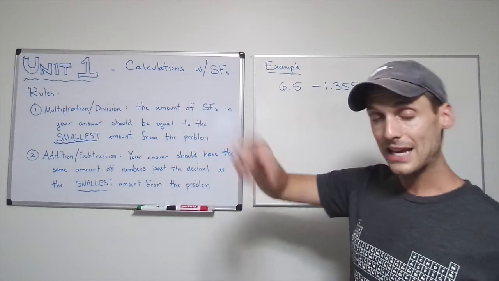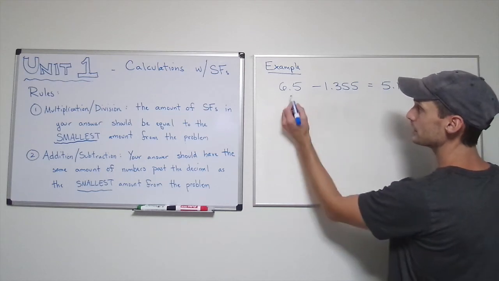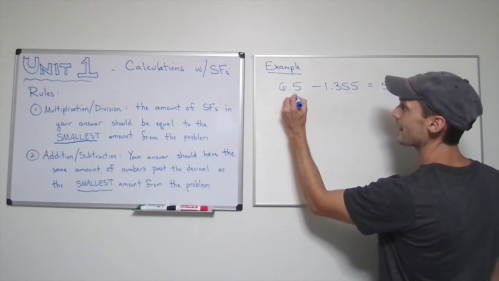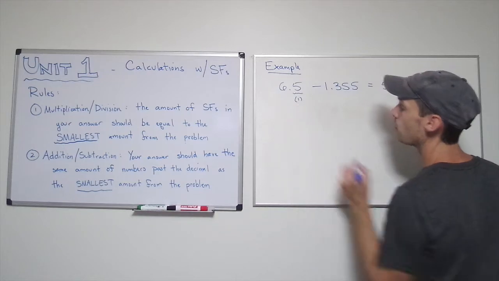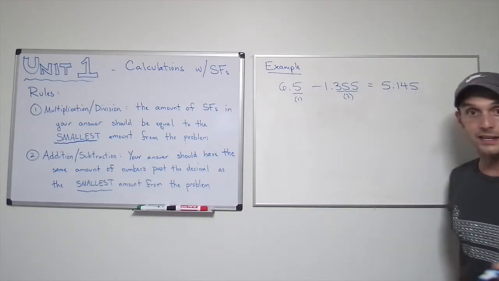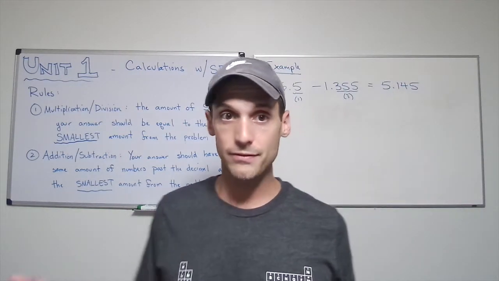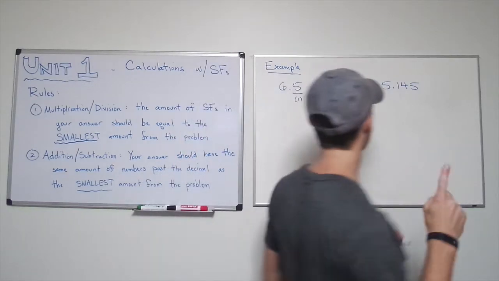Except this rule says that we can only, in our answer, have the same number of digits past the decimal as the smallest amount from the problem. So just look at how many numbers past the decimal each of these inputs have. Here, we only have one number after the decimal. Here, we've got 3 numbers after the decimal. Therefore, your answer can only have 1 number past the decimal.